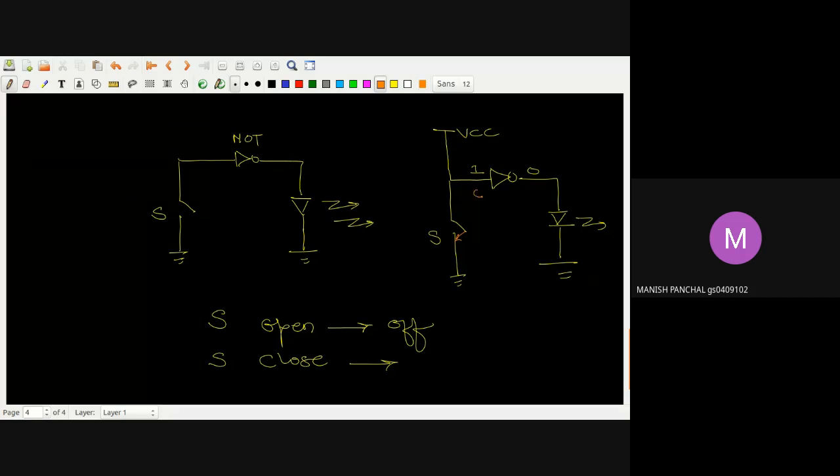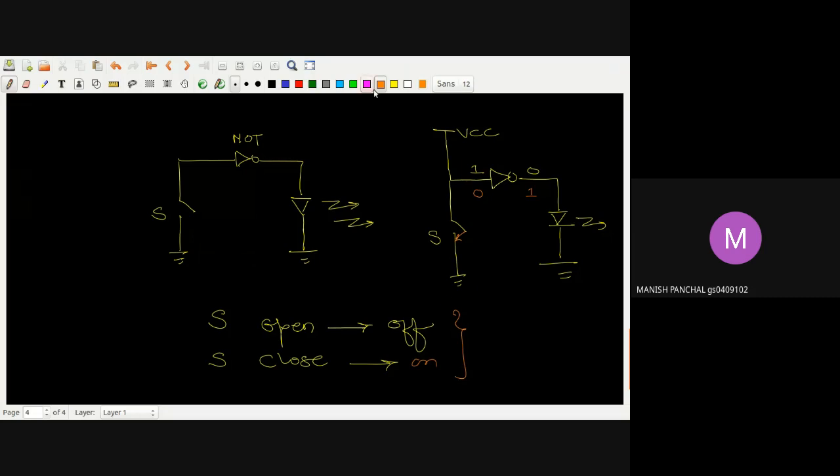So 0 will go here, and it is 1 here, and this LED is forward biased, so the LED is on. What problem are you facing? Can you please tell me? Is it a correct solution as an electronics engineer? Can you do it directly?